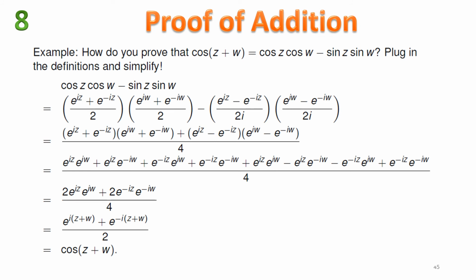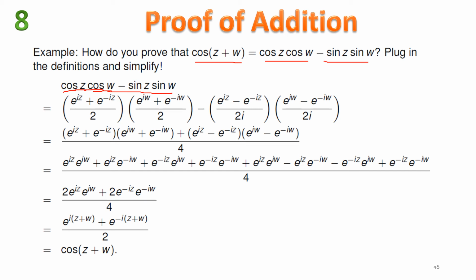Now we shall prove what we have written earlier. Cos of z plus w is equal to cos of z cos of w minus sine of z sine of w. Let us plug in the values of the functions for the right hand side, and cos of z will be e to the iz plus e to the minus iz upon 2.